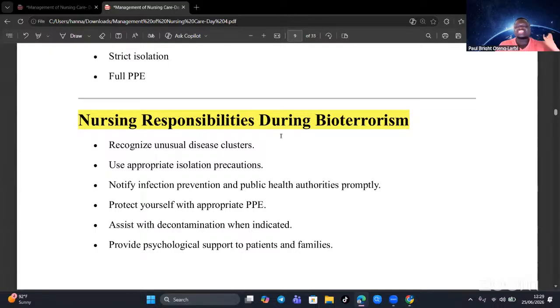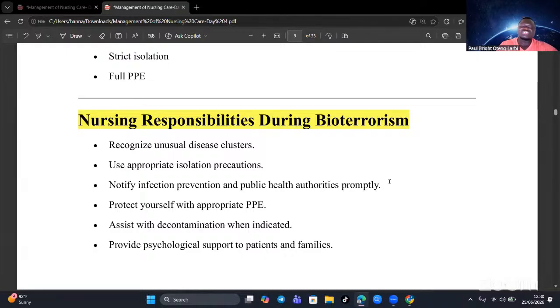So what is the nurse's responsibility during bioterrorism when it happens in your community? Recognize unusual disease clusters. Use appropriate isolation precautions. Don't panic. Notify infection prevention and public health authorities promptly, especially when COVID came.